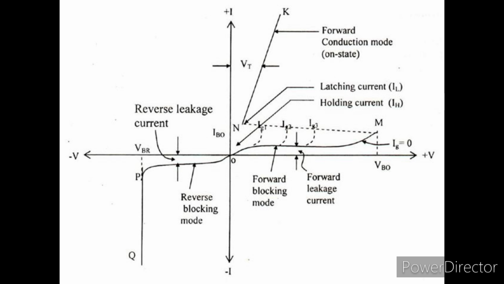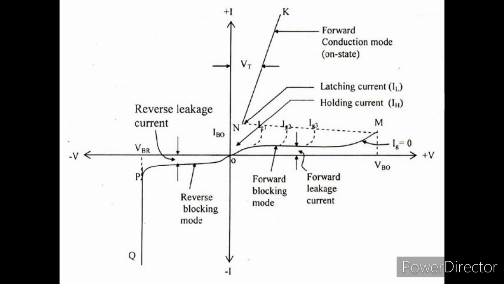Therefore, the SCR acts as an open switch even in the forward blocking mode. Now, if we keep on increasing the forward voltage with the gate circuit open, an avalanche occurs at junction J2 and now the SCR goes into the conduction mode.